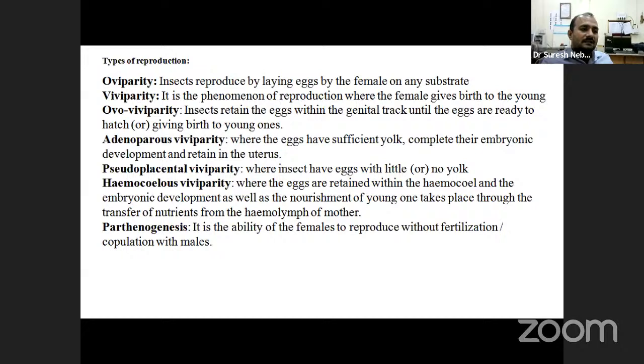In that book, the life cycle of aphid is given very nicely, so there you will understand all these terms. And haemocoelic viviparity, pseudoplacental viviparity, adenotrophic viviparity, all these types of viviparity and their modifications have been given in the Pant and Ghai book also.